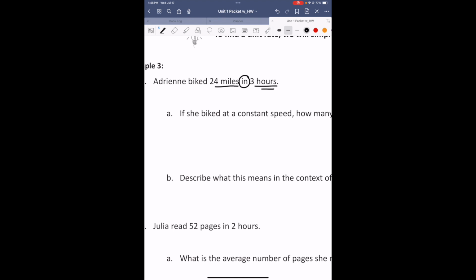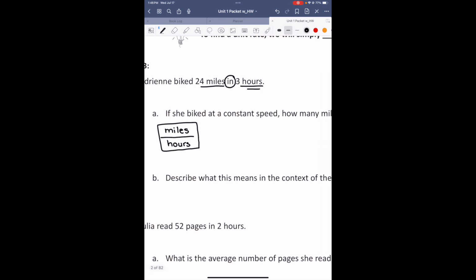On your homework and on your test, this needs to be written down. So this is miles in hours. In tells you where you're going to put your fraction sign, or how you're going to divide it. So this should be miles over hours. We're going to box that in. That's our label, and we need that on our paper.